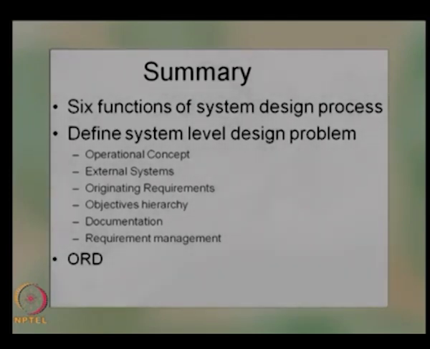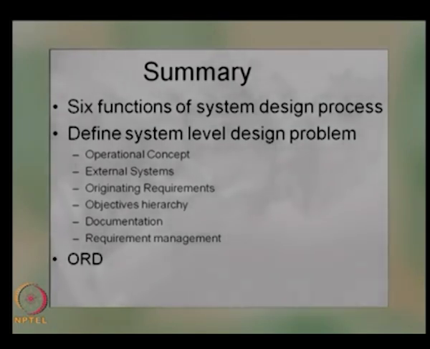We discussed the operational concept and how we develop it, how we identify the external systems, how we look at the originating requirements, and then the objectives hierarchy and documentation and requirements management. At the end of this level the output is the originating requirements document, and we saw how we prepare the ORD and what the format is for preparing the originating requirements document.